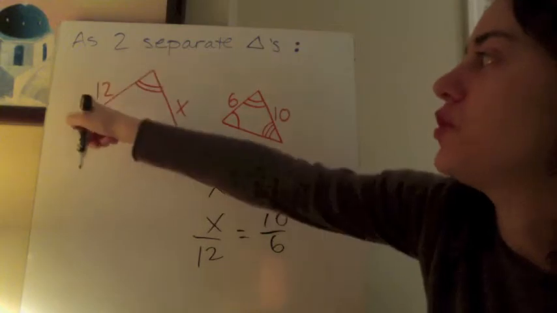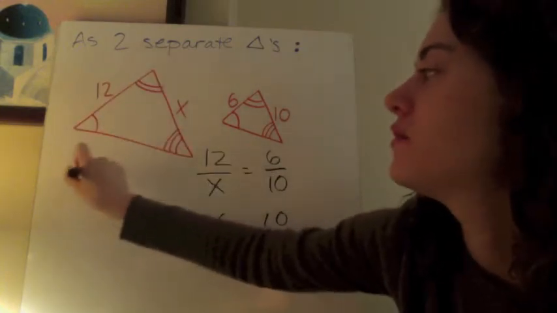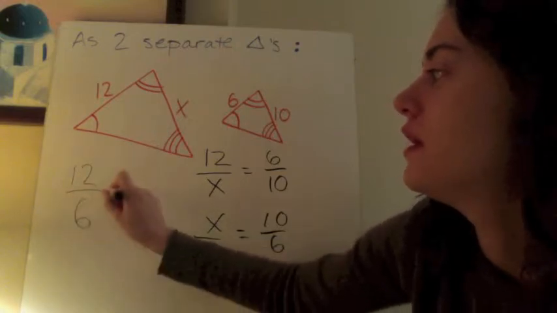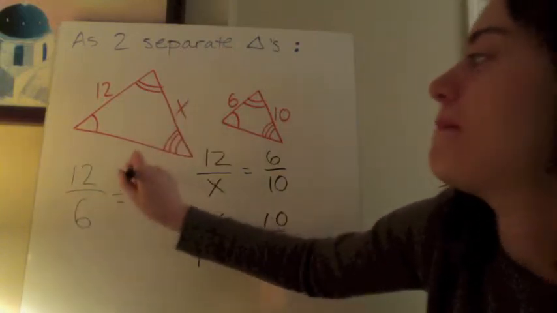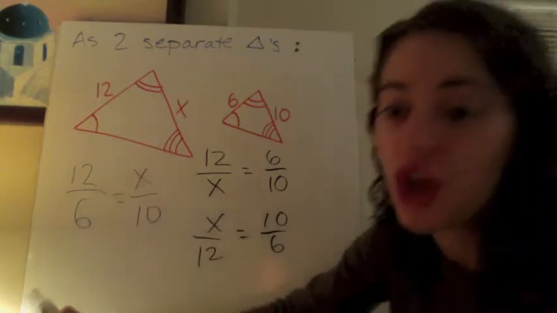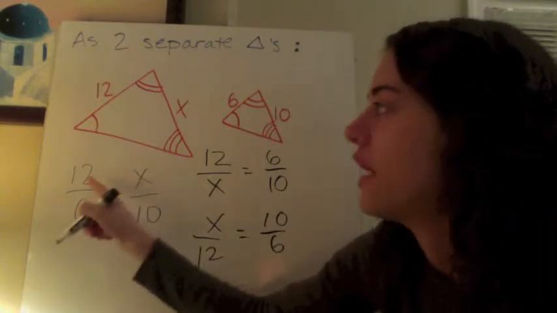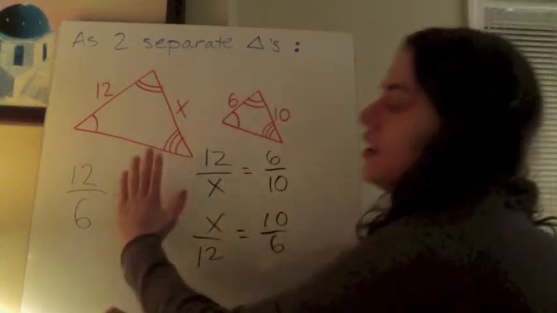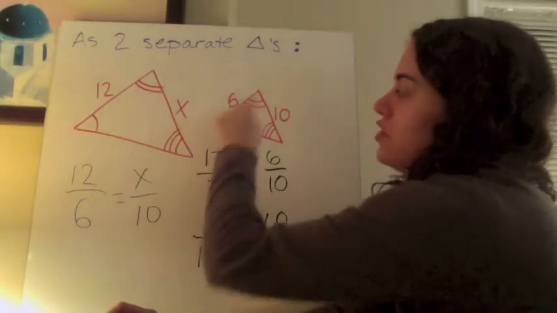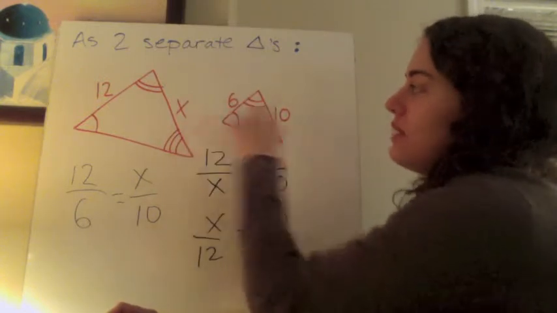So I could do my big triangle over my small triangle, and that's going to be equal to my big triangle over my small triangle. Please note here that when I did big triangle over small triangle, these sides are corresponding. They're both between the 1 arc and the 2 arc. These, my x and my 10, are corresponding.